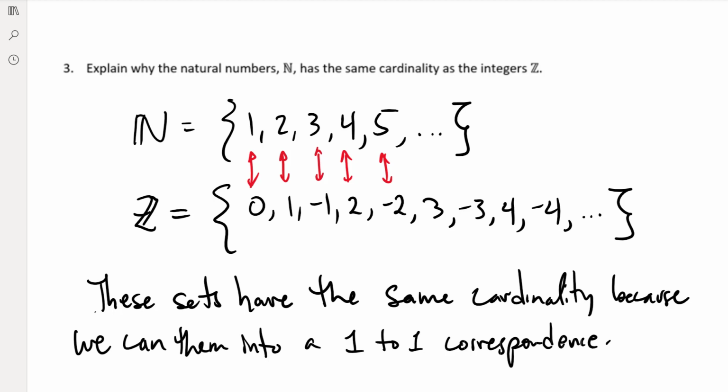We don't have to necessarily write the formula for it. It's just the fact that you can clearly make one that is sufficient here to illustrate this one-to-one mapping. One-to-one and onto mapping, that is a bijection or a one-to-one correspondence between the sets. So that's why they have the same cardinality.